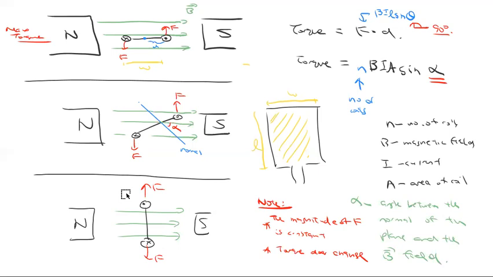So my normal is going to be like this, which is going to be perpendicular to the plane. And so when we take the sine of the angle, it's going to be parallel to the magnetic field. And you can see that if we use this formula, that means the torque in that situation will be 0. So this is minimum torque, or torque equals 0. Okay.